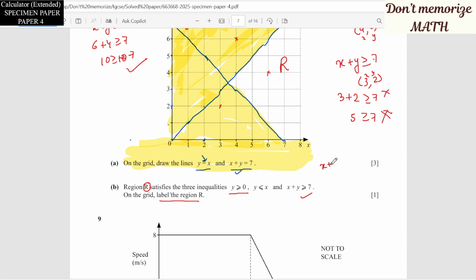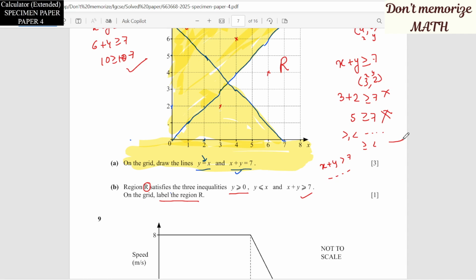Suppose you have x plus y greater than 7, without an equal sign, you can draw a dotted line for x plus y is equal to 7. That's also to keep in mind. If you have greater than or less than, use a dotted line. If you have greater than or equal to, less than or equal to, you can use solid lines. I hope this part is clear for you.